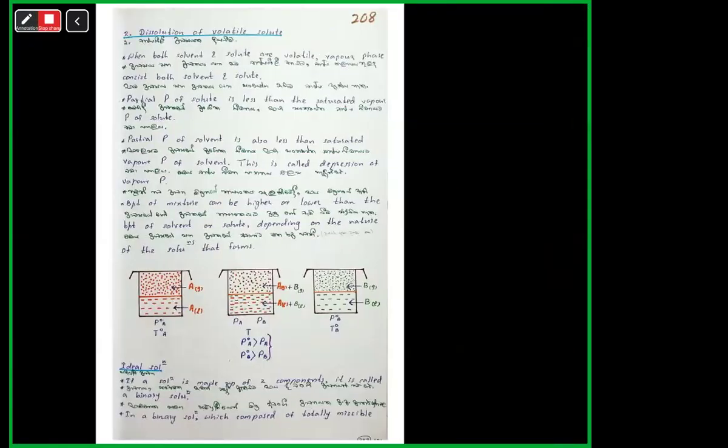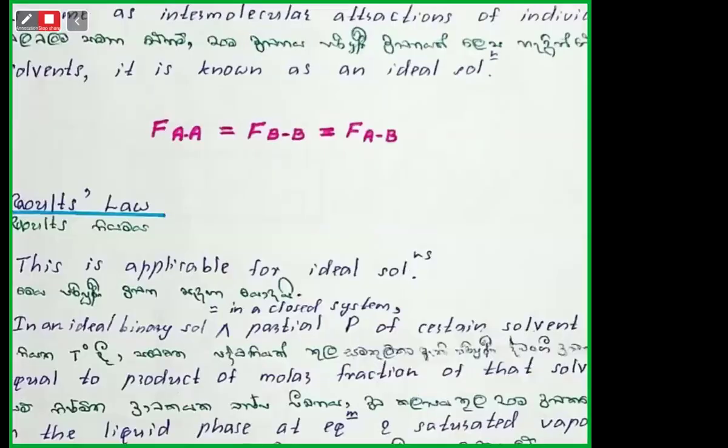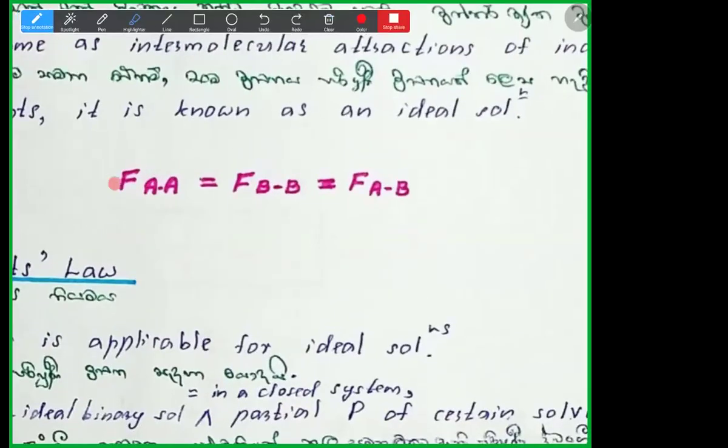Ideal solution. When any compound has its own intermolecular interaction separately, and when you mix these two together in one single container, they still have the same interaction, then you call it an ideal solution. What is an ideal gas?